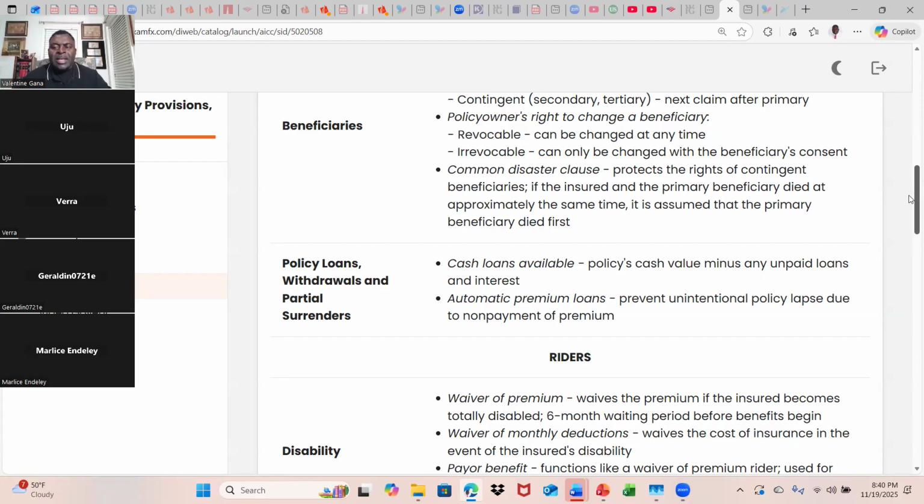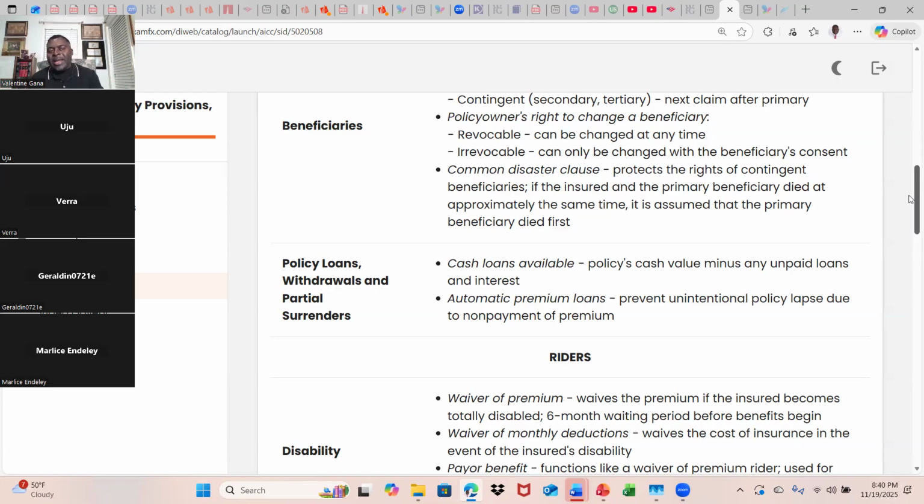States have laws that define how you handle it. For example, if two people are in a car, the insured and the beneficiary, and the first one dies instantly and the second one is in a coma and dies within 24 hours, they are considered to have died at the same time.